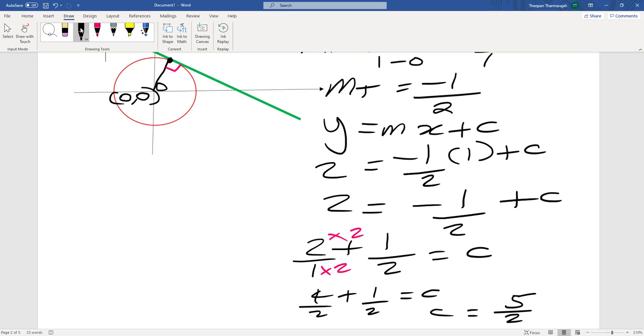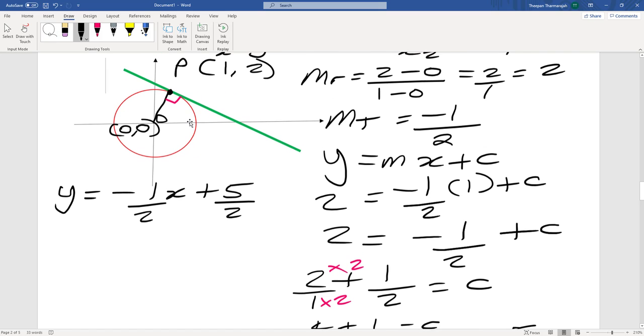Then we can say that the equation of the tangent line is my new gradient, which is minus a half, x plus 5 over 2. Now that makes sense because we've definitely got a negative gradient, which is minus a half. So let's say we wanted to work out the area of this triangle OPA, and let's call this point A, where it crosses the x-axis. Well, we know that the y-coordinate here is always going to be 0.